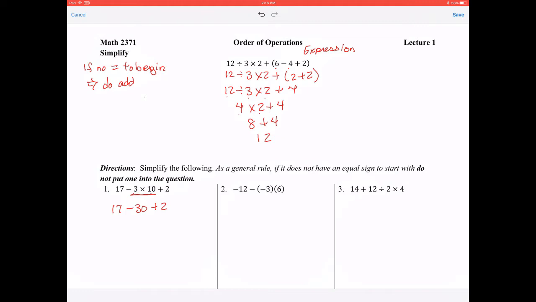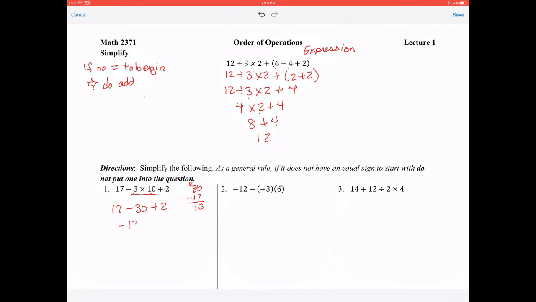Or you can think about this as minus, and 3 times 10 is 30. 17 minus 30 is going to be, now I in my head do not think this way, so I'm going to go right over here and do 30 minus 17 is 13.